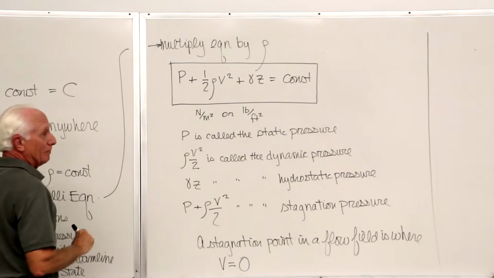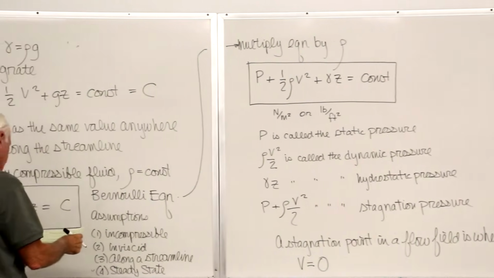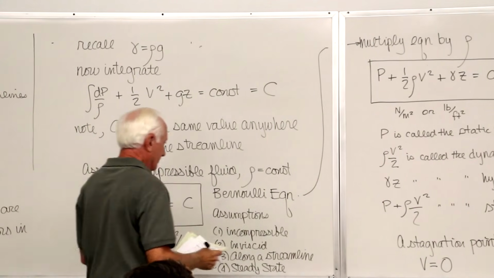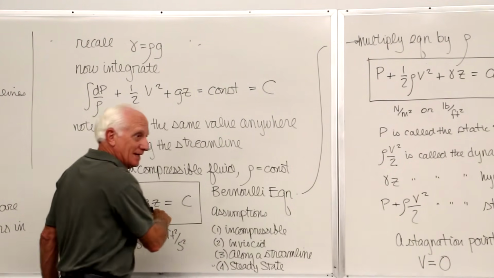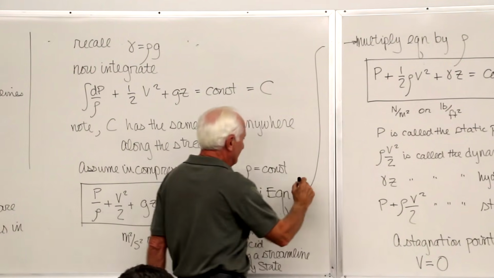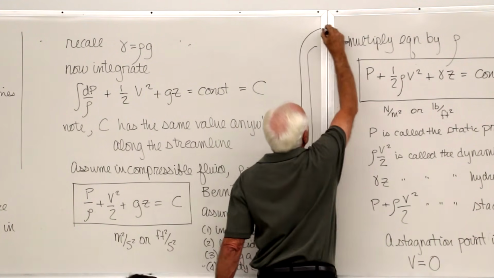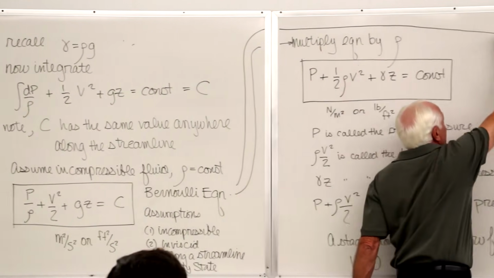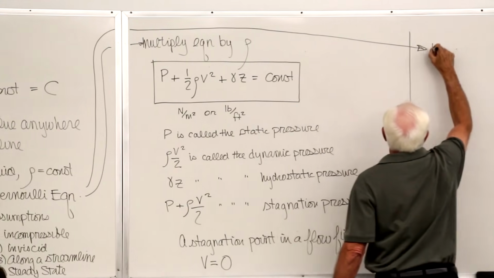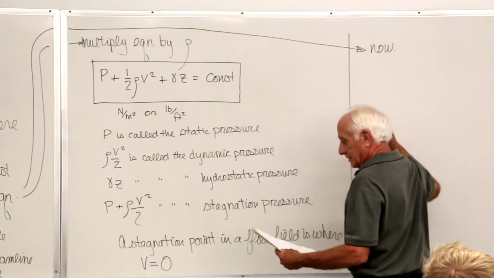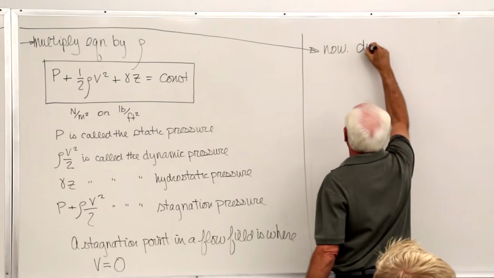Now multiply by rho. Take the same equation, now divide by g.